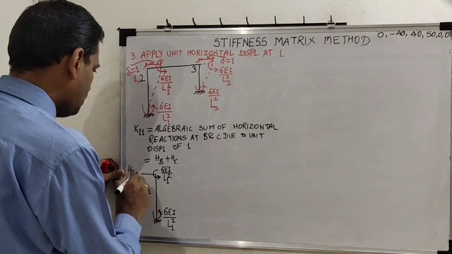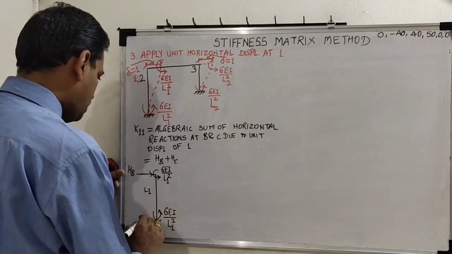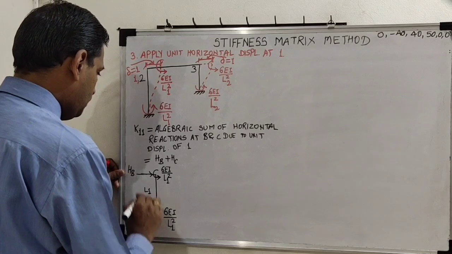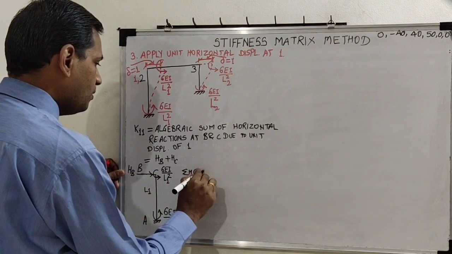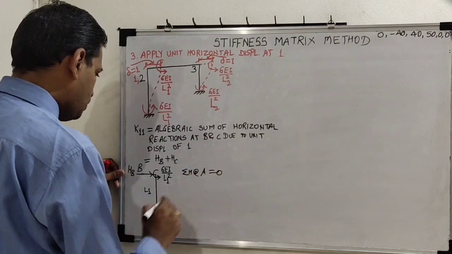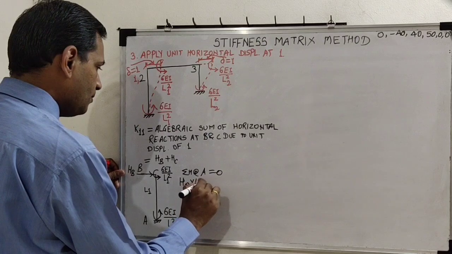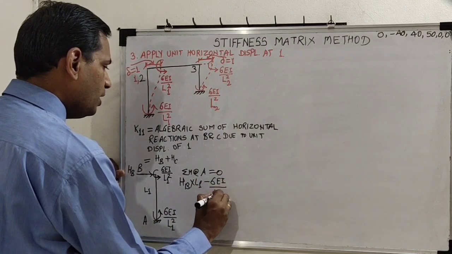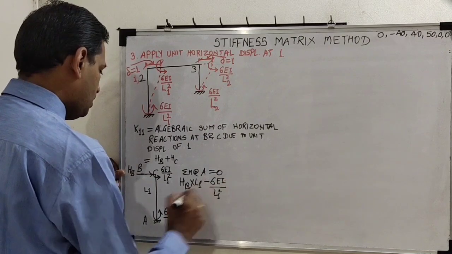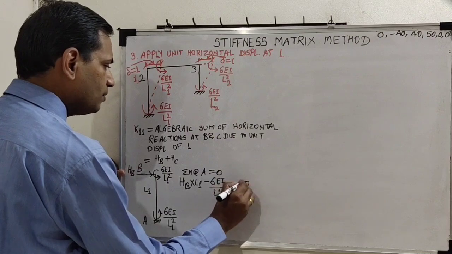Now I am going to take summation of moment about A. So HB into L1 minus 6EI upon L1 square, and this is also minus 6EI upon L1 square, so I'll make it 2 times.